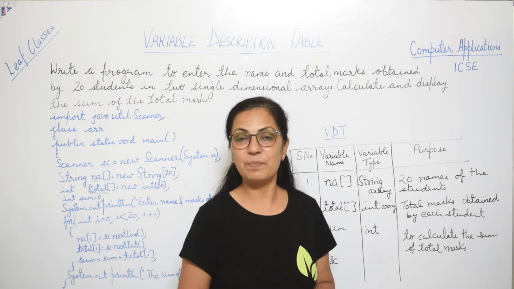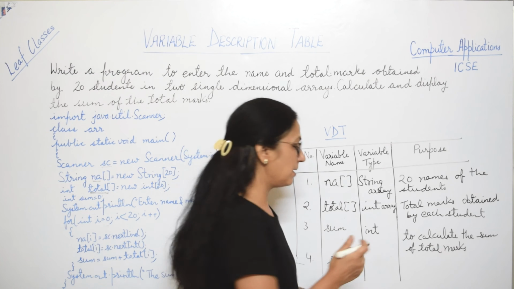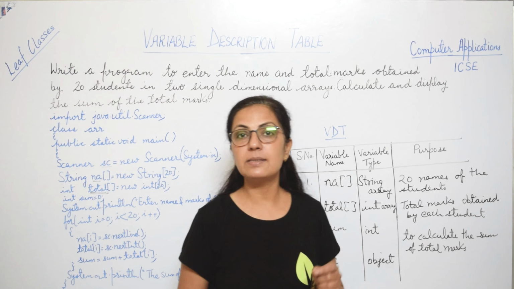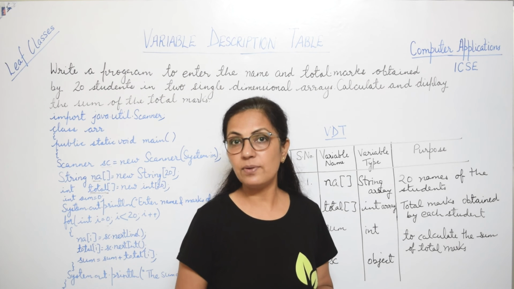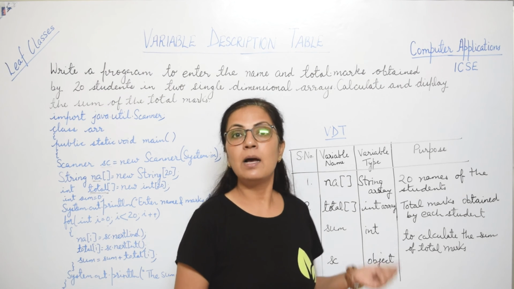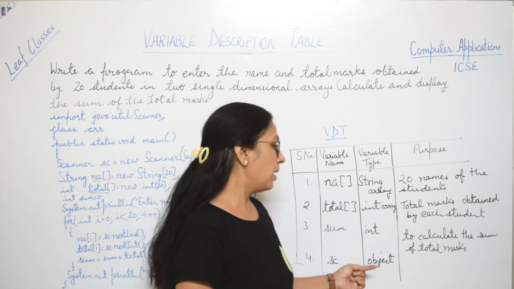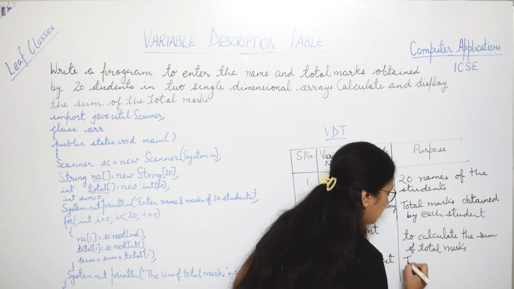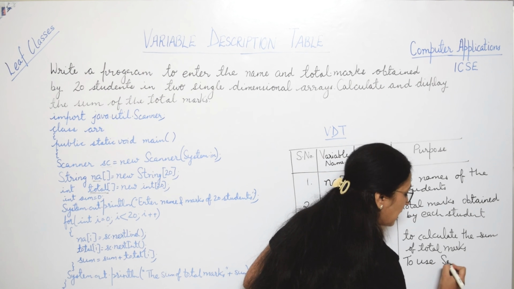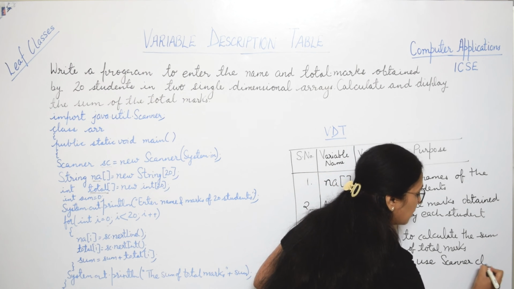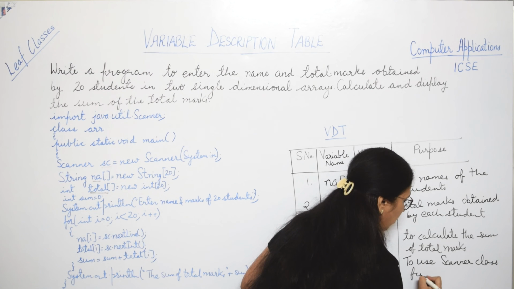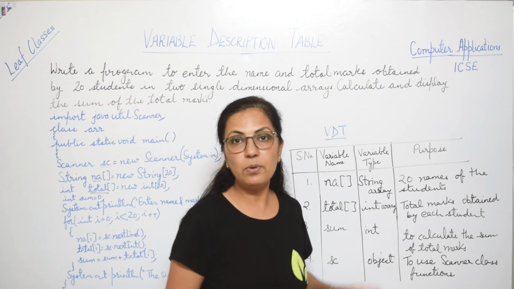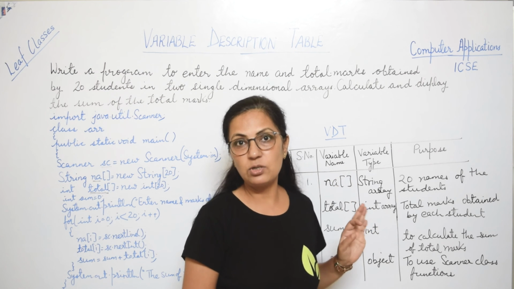For variable type, you will just write object, and the purpose is to use scanner class functions. We are using this object to use the scanner class functions, or if you write here scanner object, that is also fine. So I suppose now it will be a little more clear to all of you.